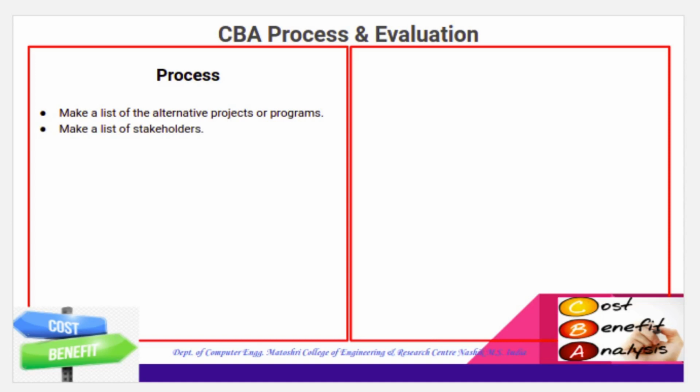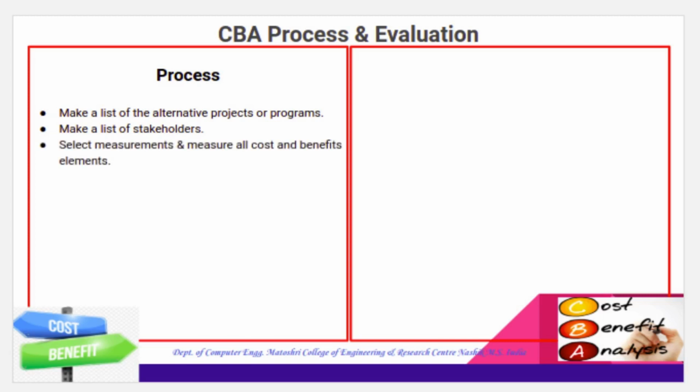First, make a list of alternative projects or programs. The direct cost would be direct labor involved, manufacturing inventory, raw material, manufacturing expenses. Then second is make a list of stakeholders that includes the indirect cost, which might include electricity, overheads, cost from management, rent, utilities.